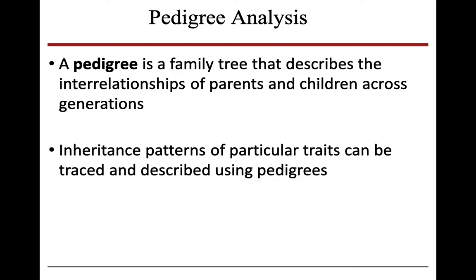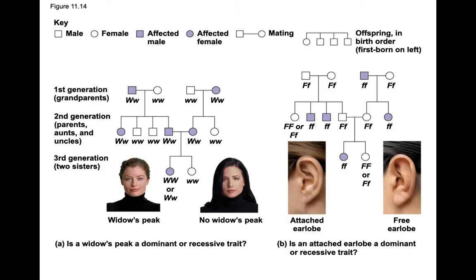Now we can analyze whether or not a trait is being passed on from generation to generation within a pedigree, which shows parents and children across generations, and the patterns of traits that are being examined. So for example, we can look at widow's peaks versus no widow's peaks, and this is a very good example of a dominant trait because each generation of reproducing individuals display the trait.